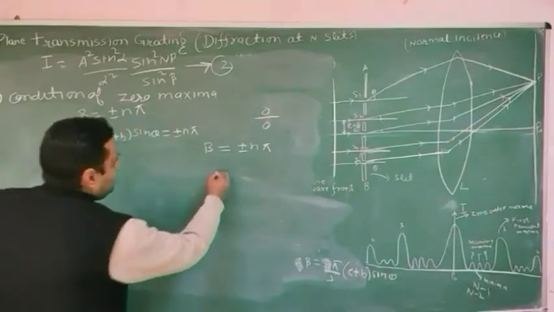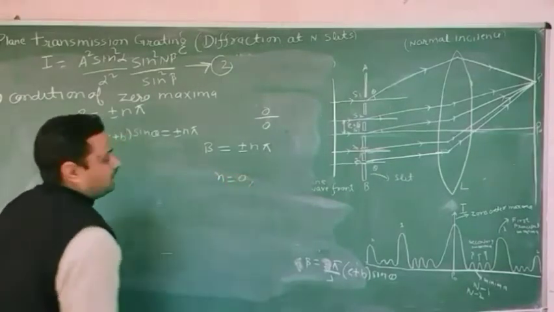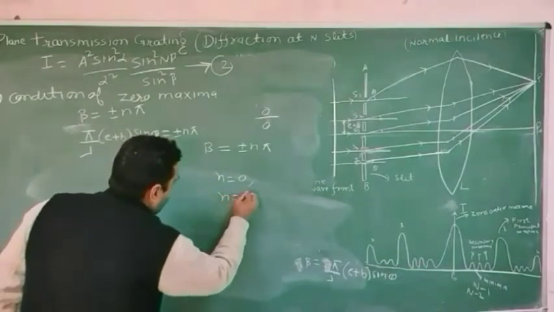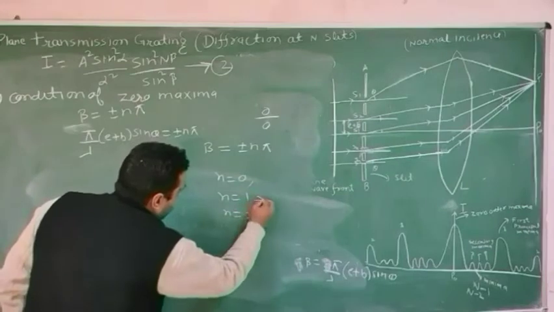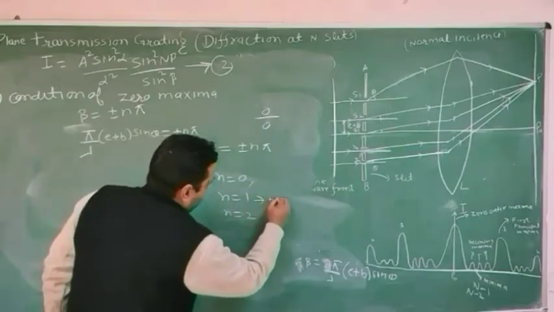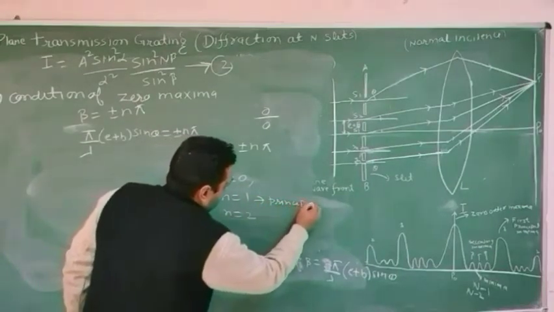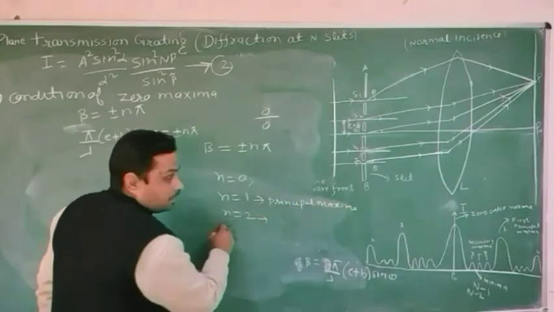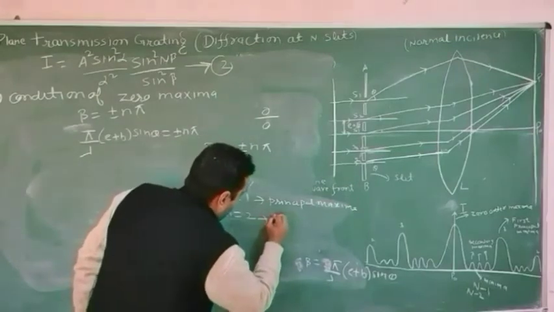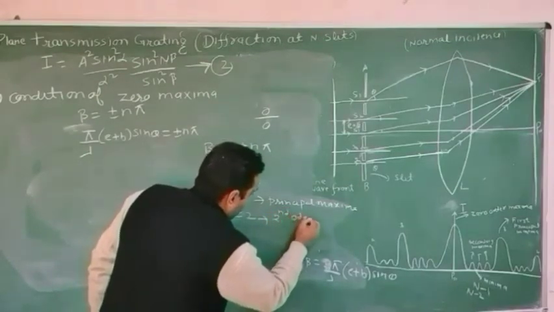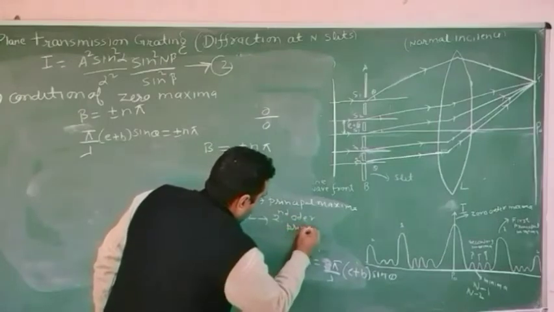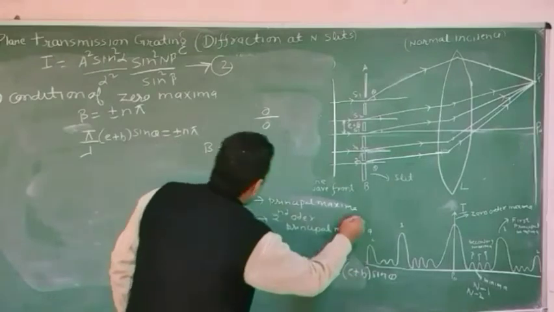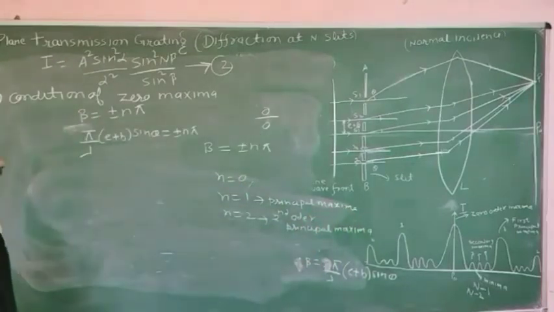n is 0, that is the condition of the zero maxima, and n is equal to 1, n is equal to 2, that is the condition of the principal maxima. First order principal maxima, and then second order principal maxima. Understand?